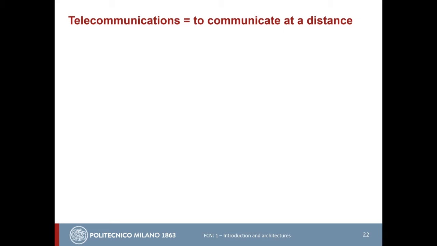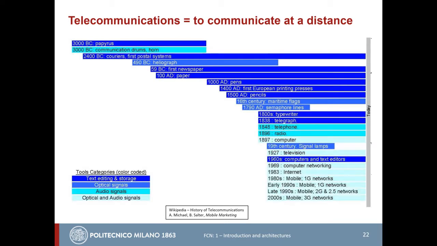You write something, you create information, and you want this information to be used not immediately, but maybe after a while. So in this perspective, there are a lot of achievements that mankind has reached in order to invent devices to make this communication possible.